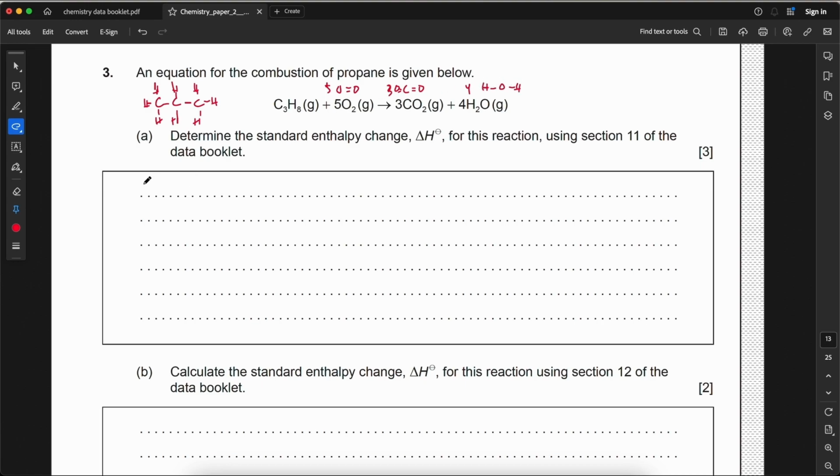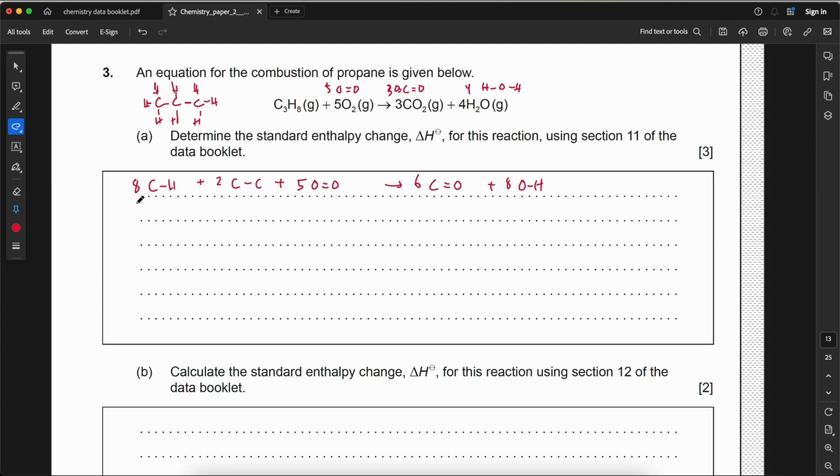Then we can calculate here would be 8CH plus 2CC plus 5O, and so this CO2 is 2, so it will be 6CO, and the same with OH, so 2 times 4, 8OH.